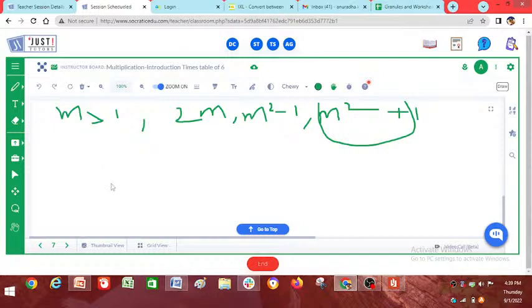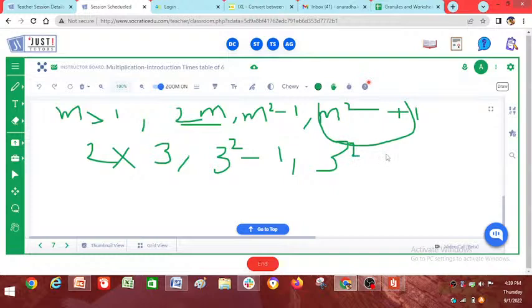So let's take 2m. If we take 2m equal to 6, then the value of m will be 3. So therefore the Pythagorean triplet is 2 times 3, 3 square minus 1, and 3 square plus 1, or you can even write it as 6.